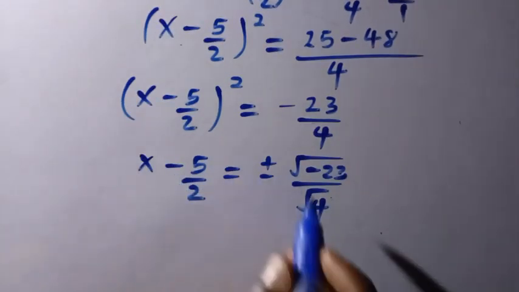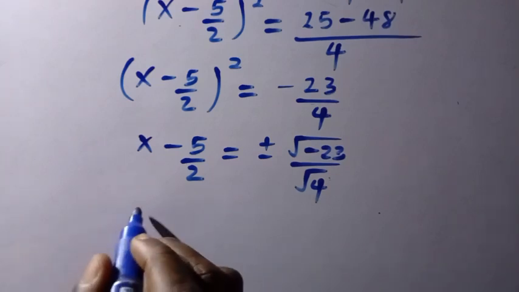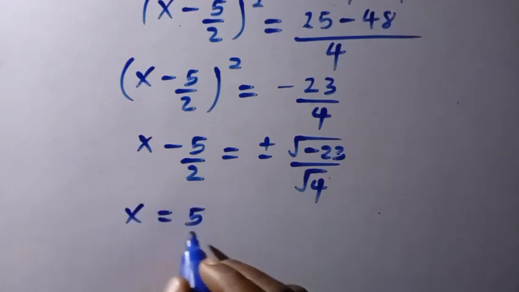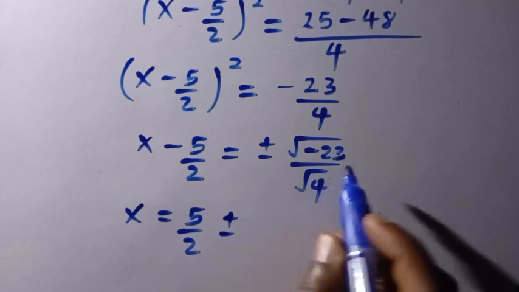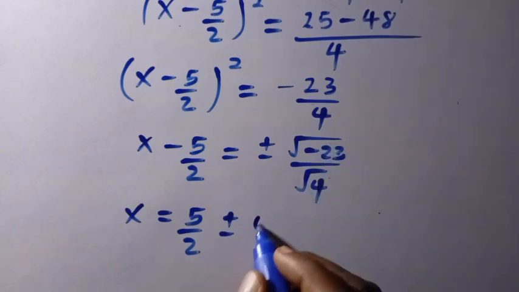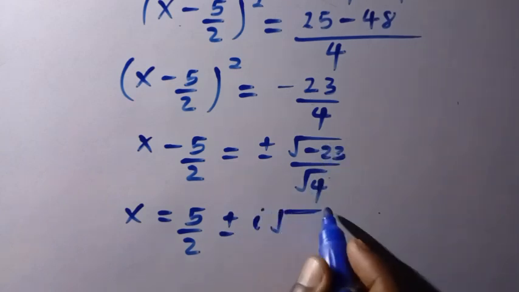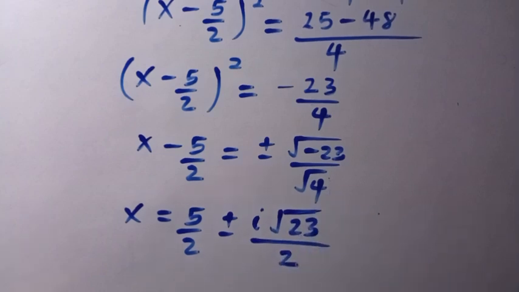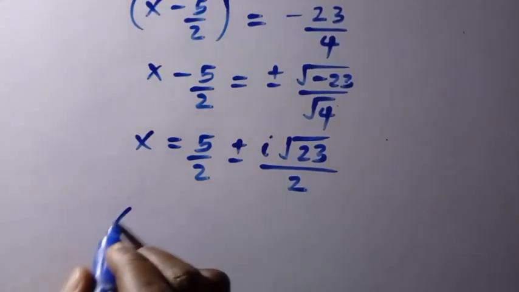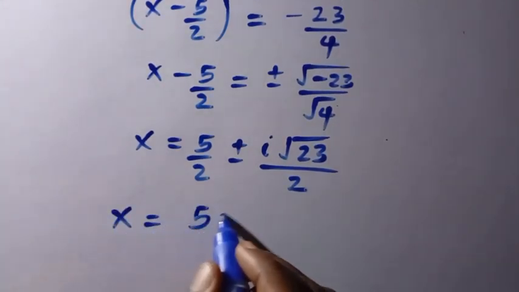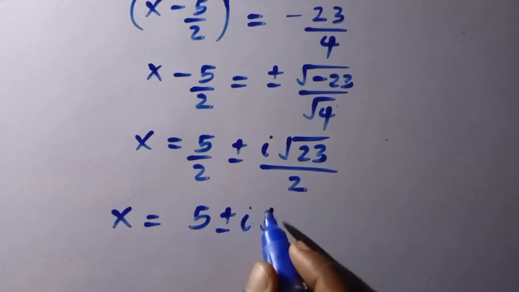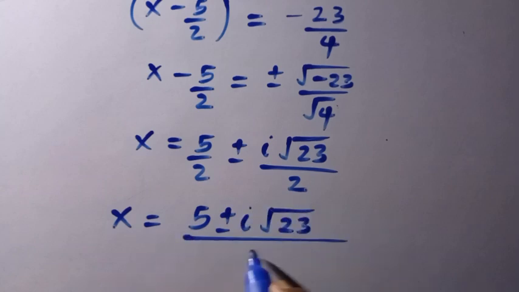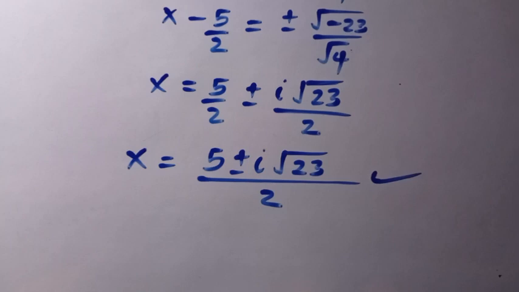Then we take this one to the other side, as we have x equals 5 over 2 plus or minus, so square root of minus 23 is given as i multiplied by root 23, divided by square root of 4 which equals 2. So we can conclude that x equals 5 plus or minus i root 23 divided by 2.